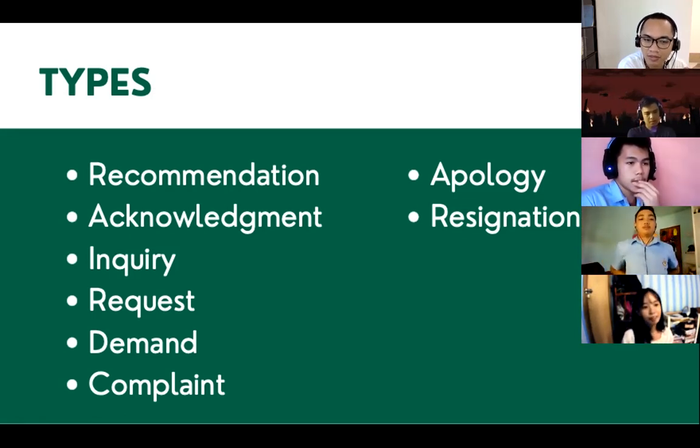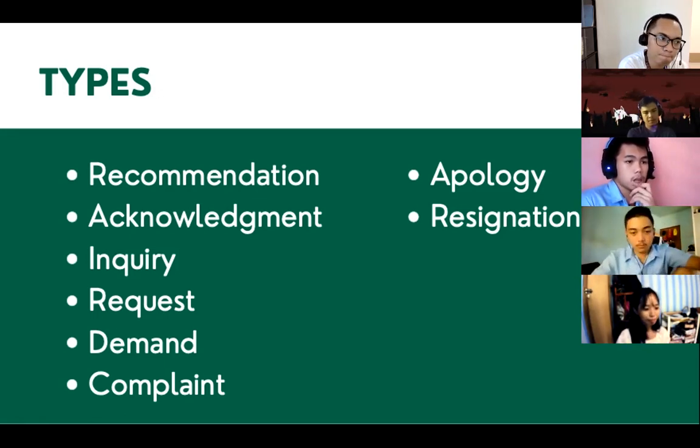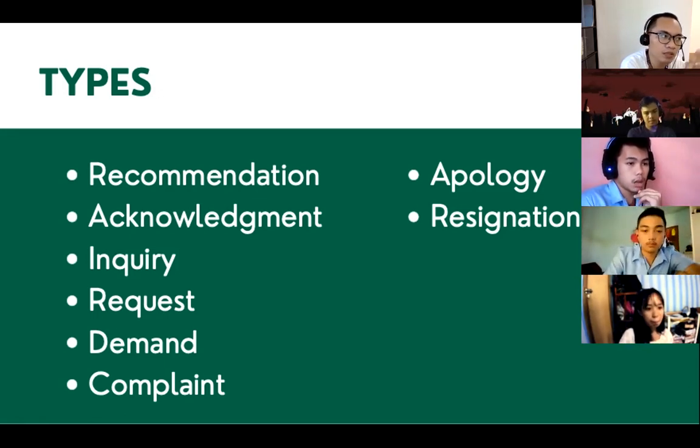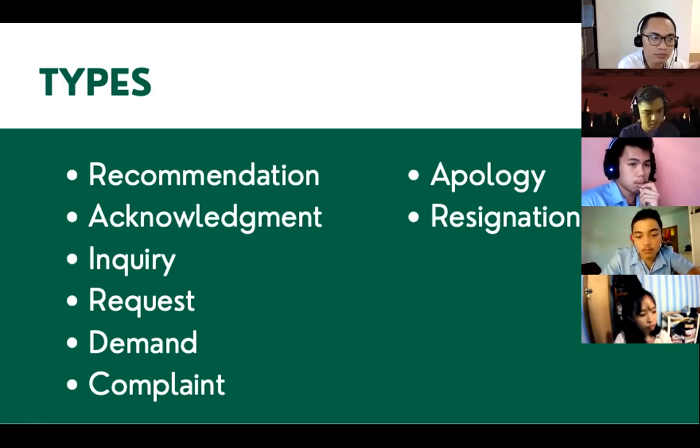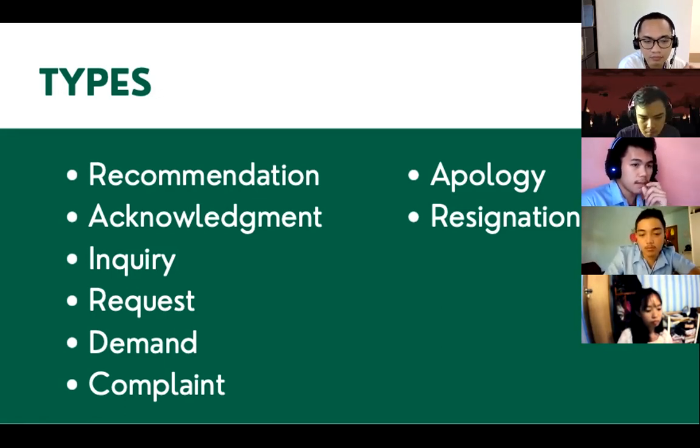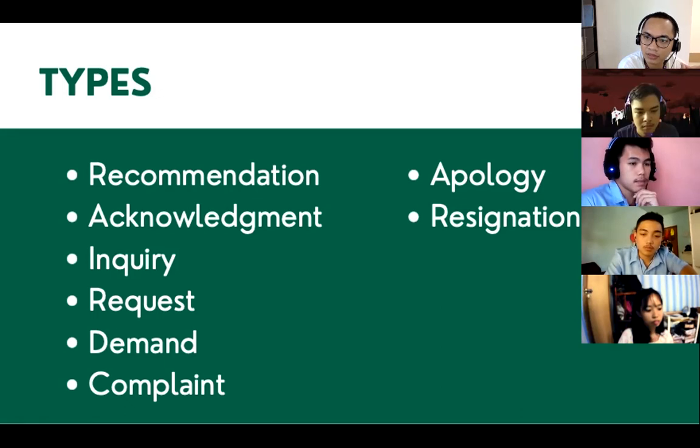Okay. Now, is it necessary for the two parties, one demanding and the other to whom the demand is intended, to have an existing obligation before a demand letter could be written?